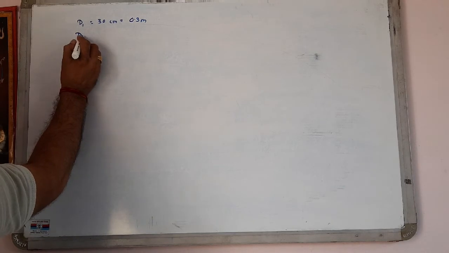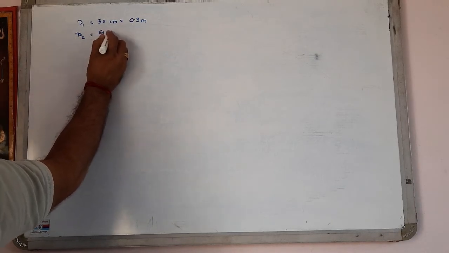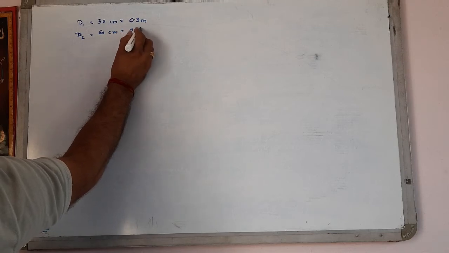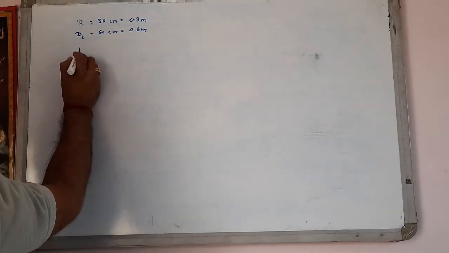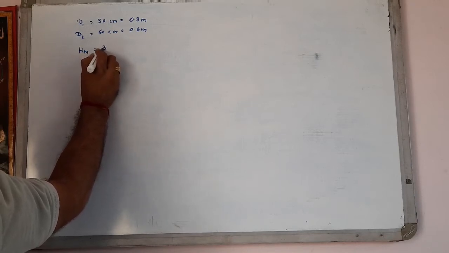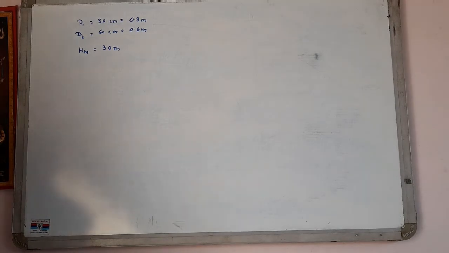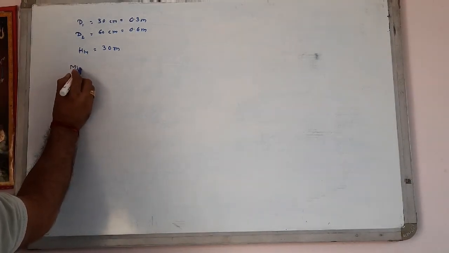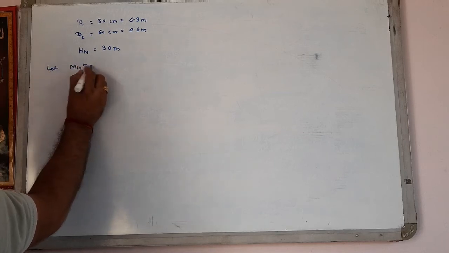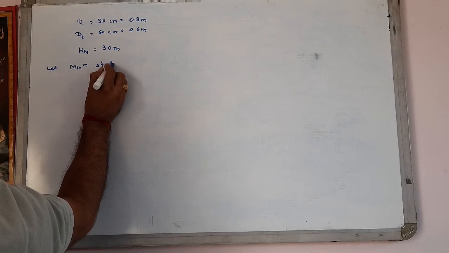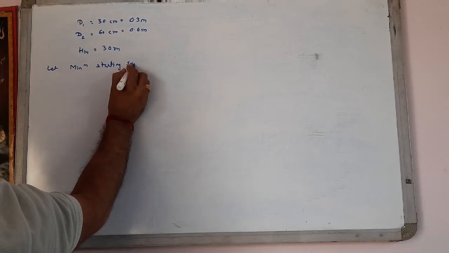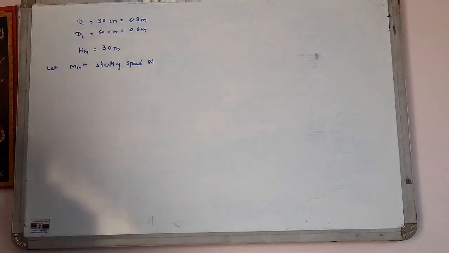Diameter of impeller at outlet is 60 centimeter, equal to 0.6 meter. Head is given as 30 meter. Let the minimum starting speed be n.